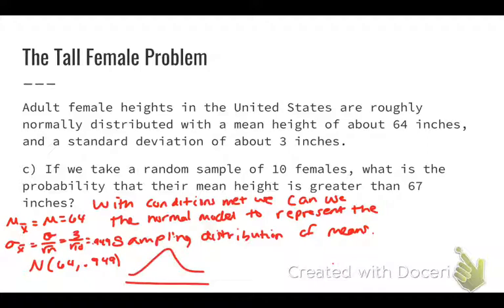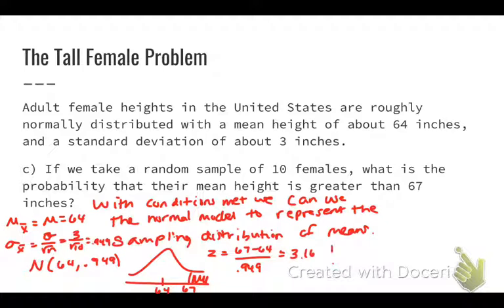Here is my normal model. Plop your mean in the middle. We got our 67 up here, shade it up, find your z-score. So 67 minus 64 over our standard deviation, which is 0.949. So 3 divided by 0.949 is about 3.16.